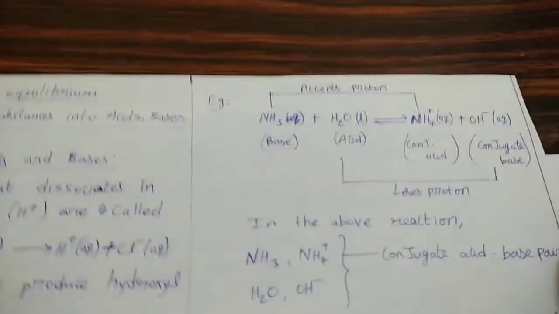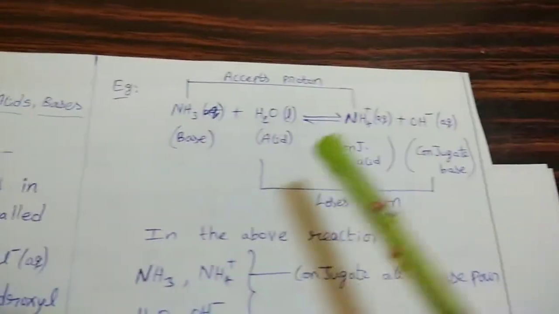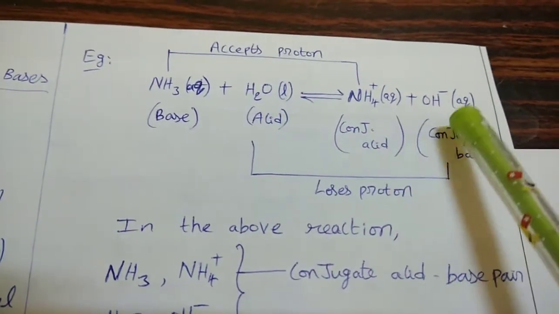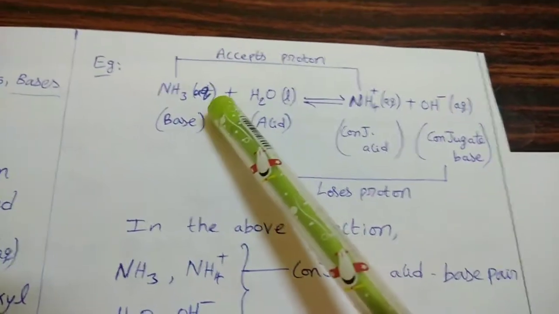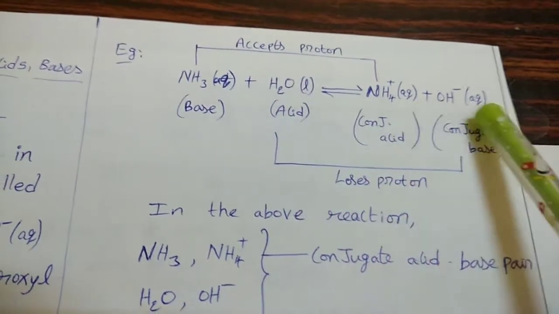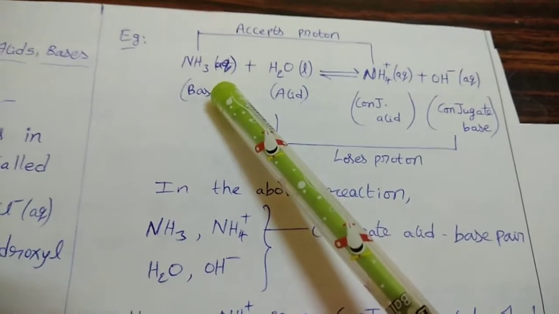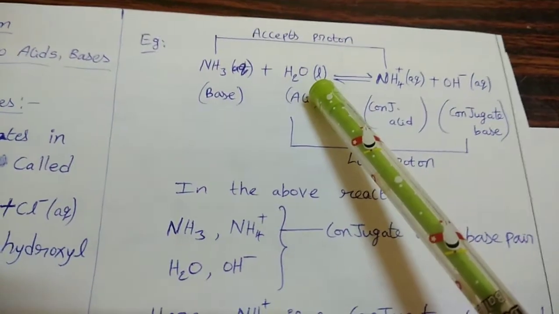Next, see this equation for Bronsted-Lowry. NH3 + H2O gives rise to NH4+ + OH-. This is aqueous solution, this is liquid, these are present in aqueous solution. Now see this, NH3 can accept proton, H2O can donate proton.